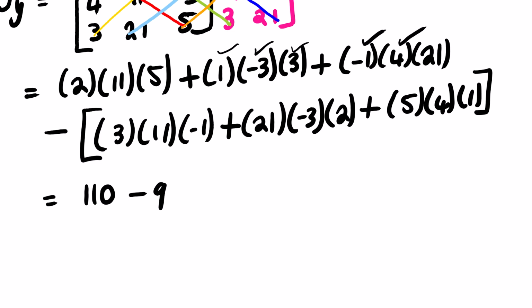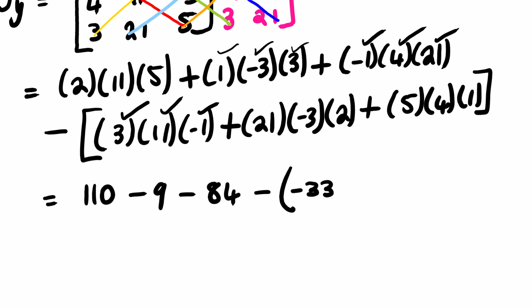Negative 1 multiplied by 4 multiplied by 21, the answer is negative 84. Minus 3 multiplied by 11 multiplied by negative 1, the answer is negative 33.